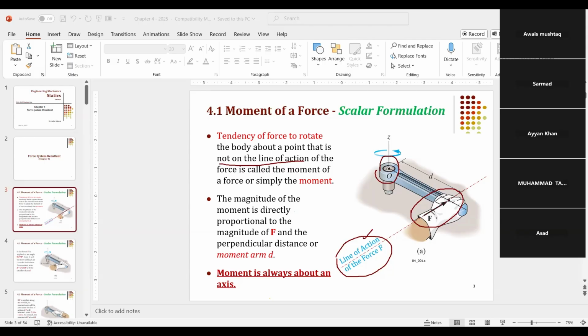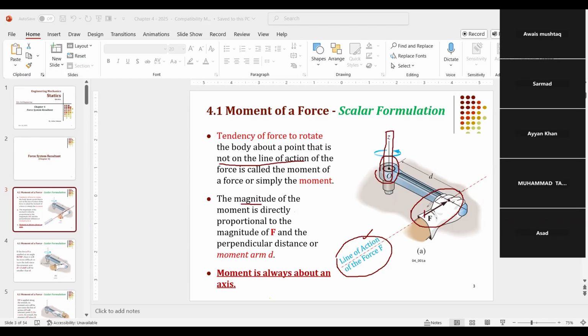And the moment is actually not about point O. It is about the axis which is passing through point O, which is the Z axis. Just for simplification, we say moment about point O, but it is actually about the axis passing through point O. And the magnitude is very easy to find.